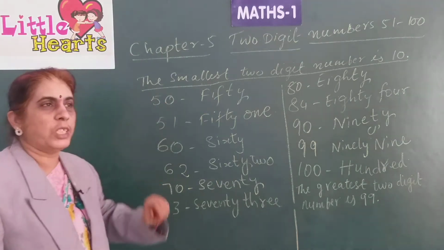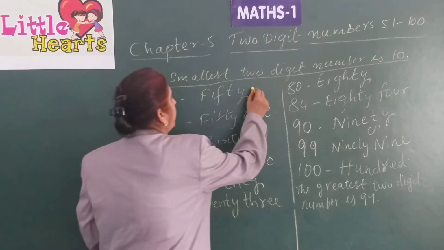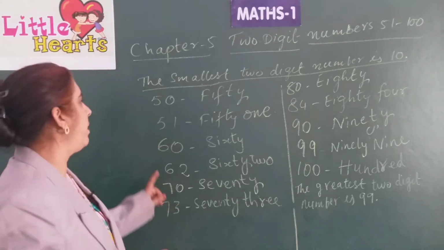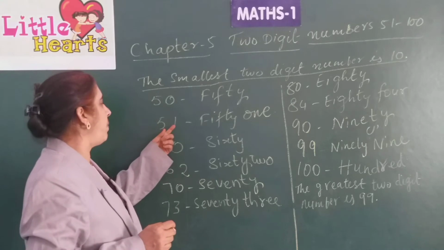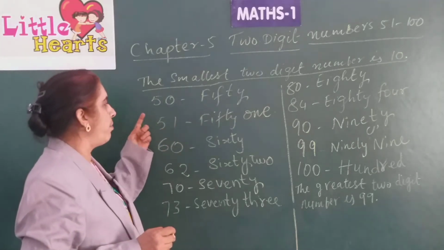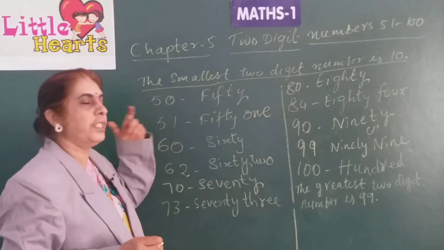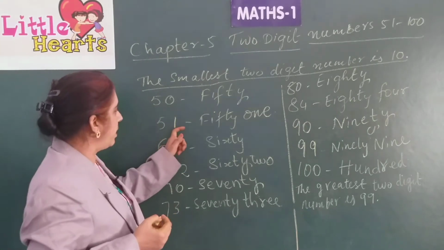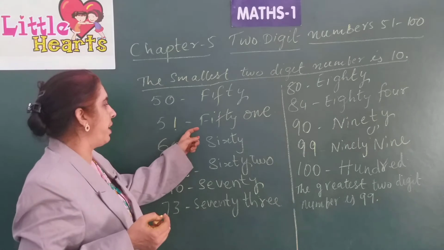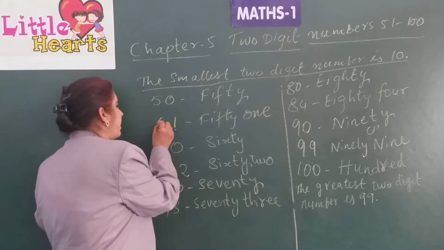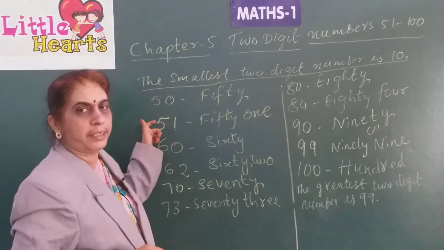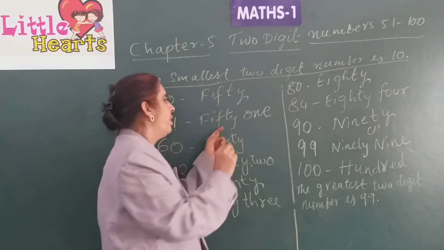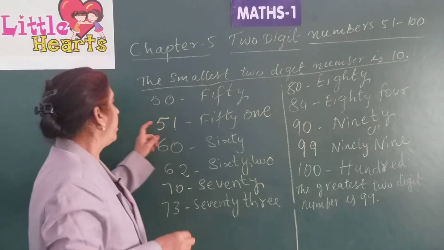The spelling of 50 is FIFTY. According to the digit in the ones place, you can write the number name, changing it for 51, as 1 is in the ones place. 5 in the tens, 1 in the ones place, FIFTY ONE.